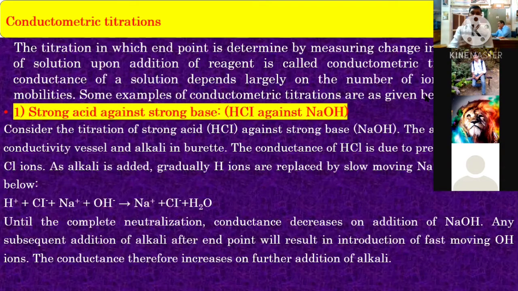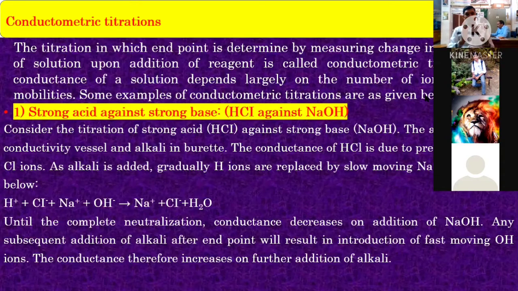If the ion is bulky or large in size, it does not move easily in the solution unless some energy is supplied by an external source, such as heat in an oven. Some examples of conductometric titration are given below.